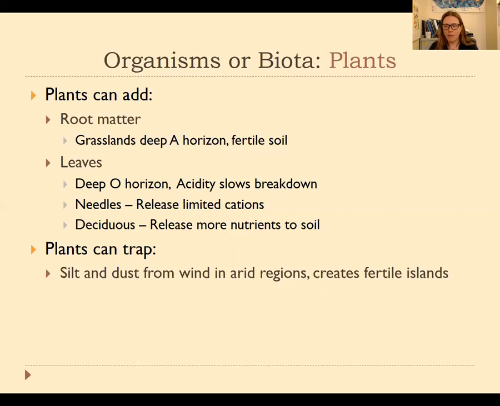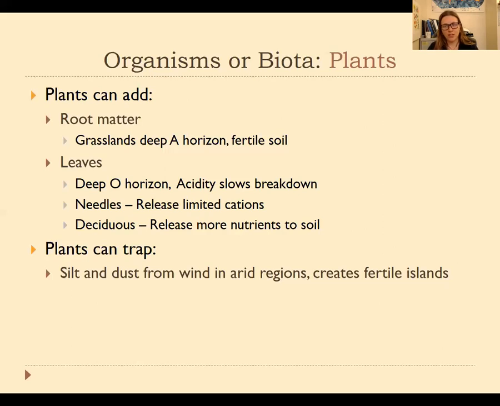Also, potentially problematic adaptation, because when we start to remove native vegetation from these native landscapes through overgrazing or just through development, or through draining of groundwater, things like that, then it can be really hard to revegetate these areas once those little fertility islands that are supporting plant growth in very specific areas have disappeared.